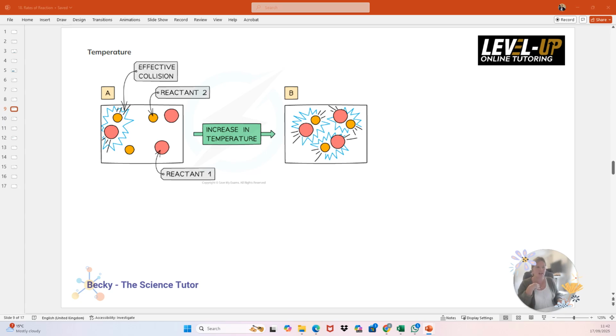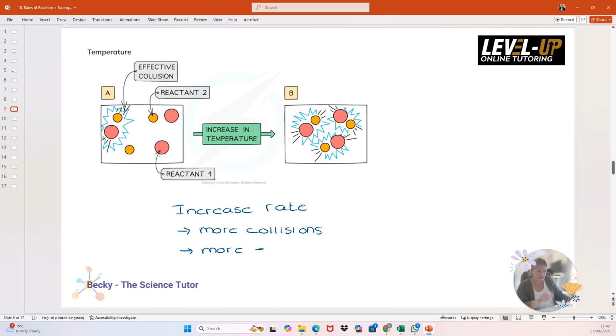So if we increase temperature, we increase the rate. Why? Well, we've got more collisions, and we've got more energy.